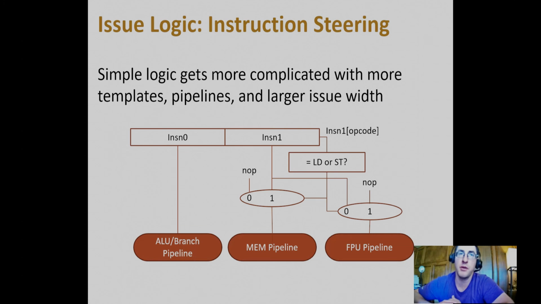If it tells us that it's a floating point operation, we can send it to the floating point pipeline. Now, we don't actually need the template bit to tell us that if we have access to the opcode in the instruction. So in that case, we could use the opcode to steer the instruction as well, and then we can remove template bits from our issue packet.